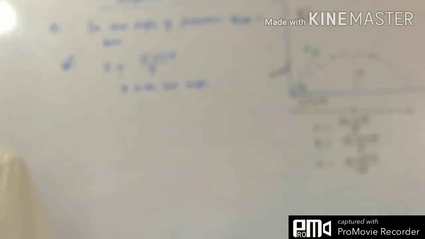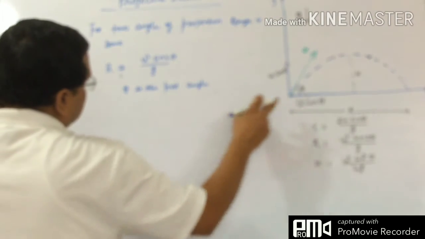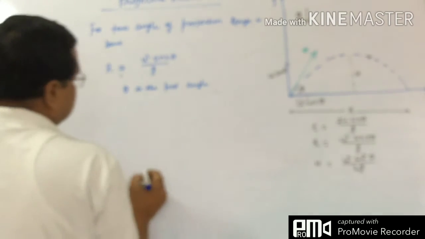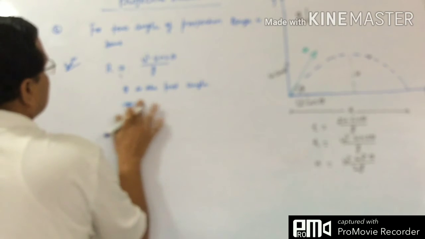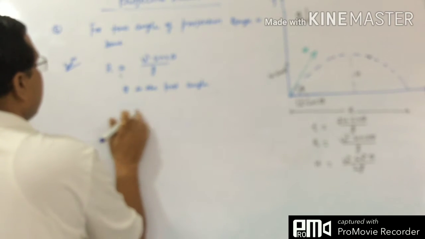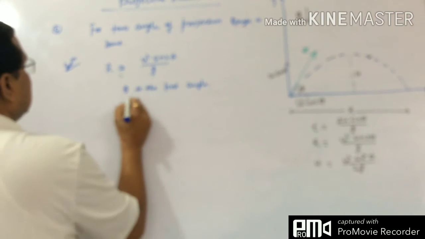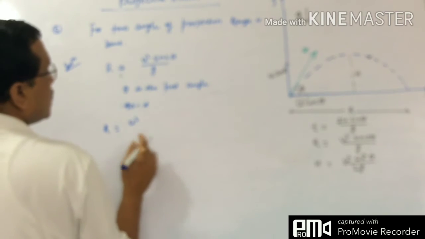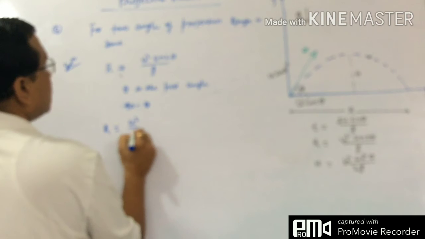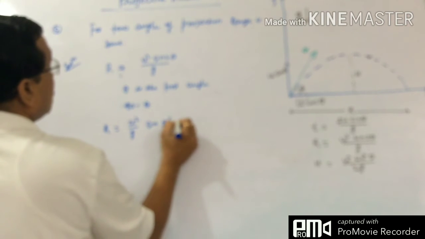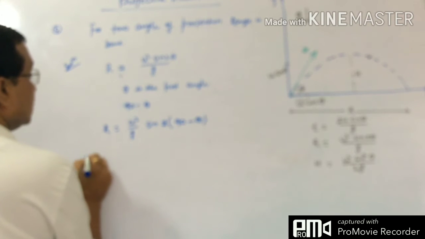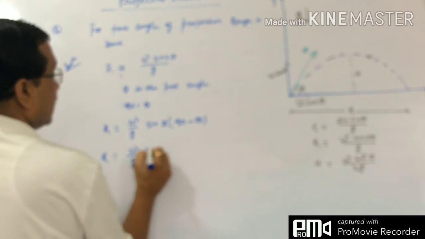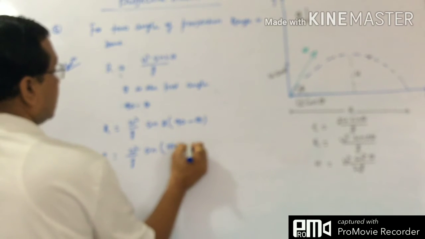What is another angle at which the particle is projected that will have the same value? Just put theta, and another value is 90 degree minus theta. If you put 90 minus theta, R equals U square upon G sin 2 into 90 degree minus theta, which is U square upon G sin 180 minus 2 theta.